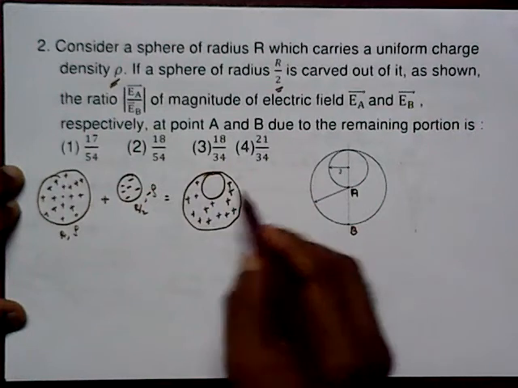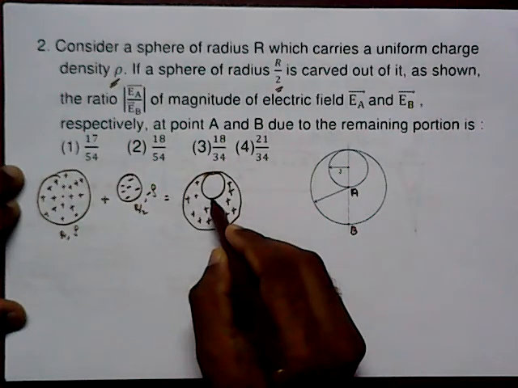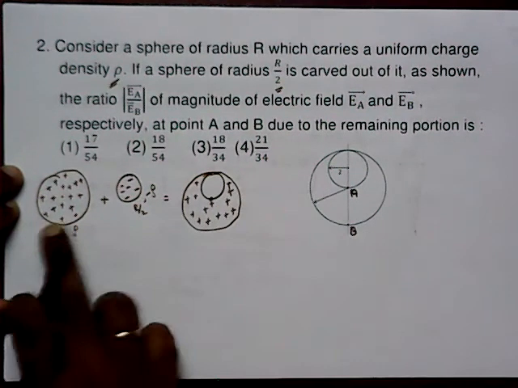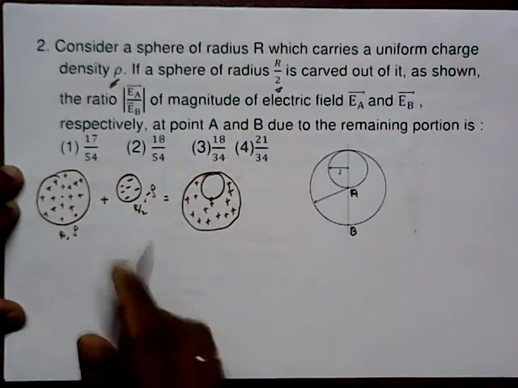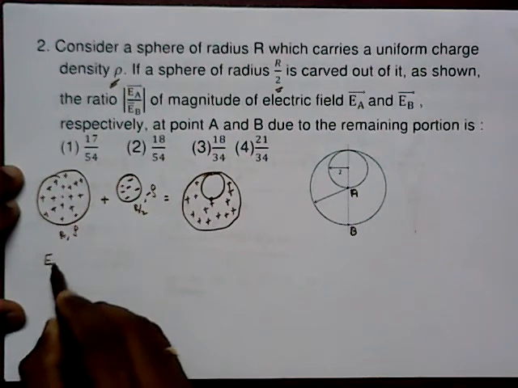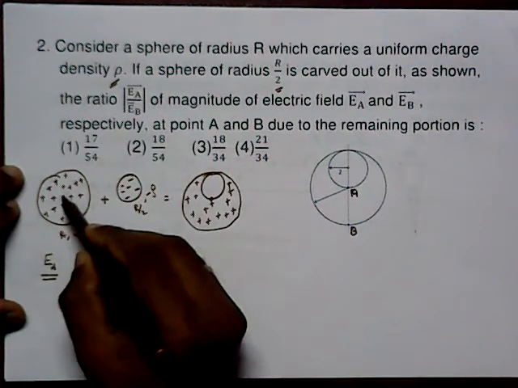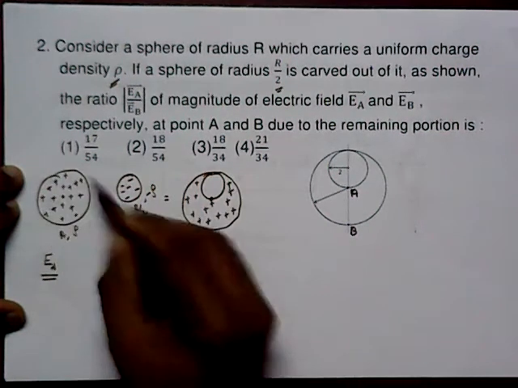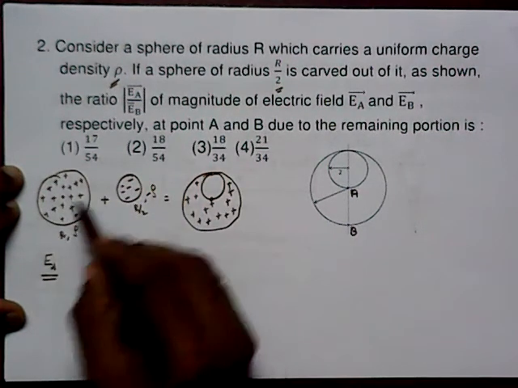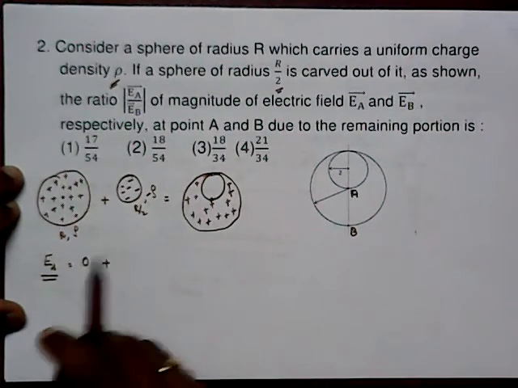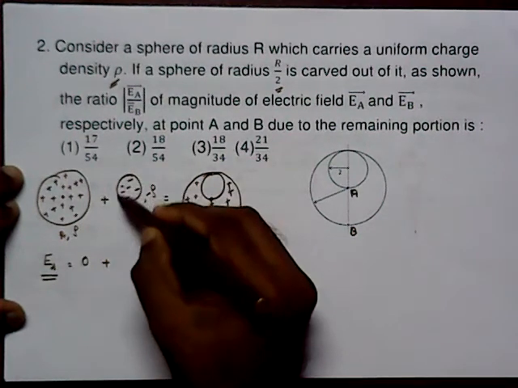So our aim is to find at first what is the electric field at this point. So we know there are two contributions. If we consider the electric field at the point A, one is the electric field due to the whole sphere. You know, at the center its contribution is 0, plus what is the contribution due to this one?